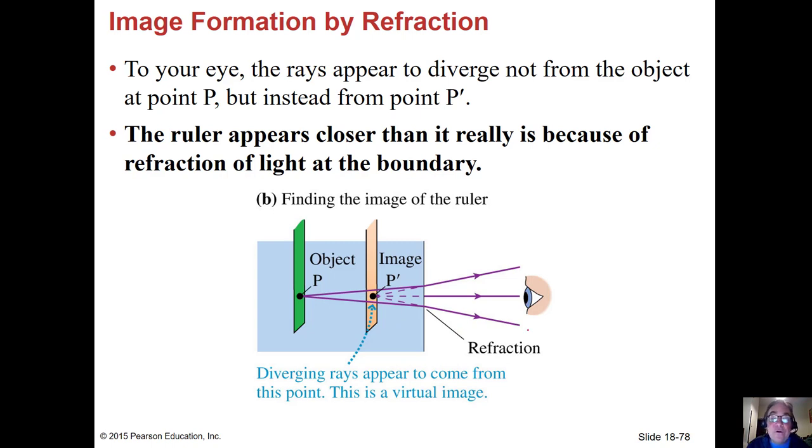So it's bending away from the normal. Now you're over here, your eyes will trace these rays back. And where the rays actually trace back to, that's where the image forms. So the object's actually here, but to your brain, it seems like the rays are coming from there. That's the whole idea with the ruler in the aquarium. It's where your brain perceives the rays to be originating from. That's how you see it.